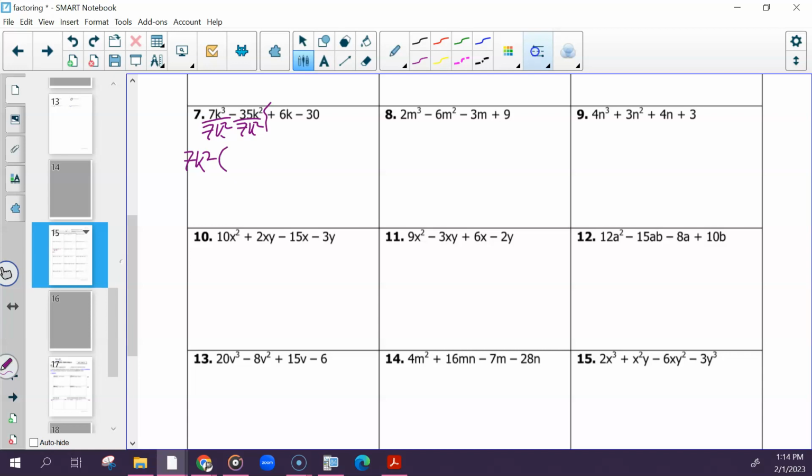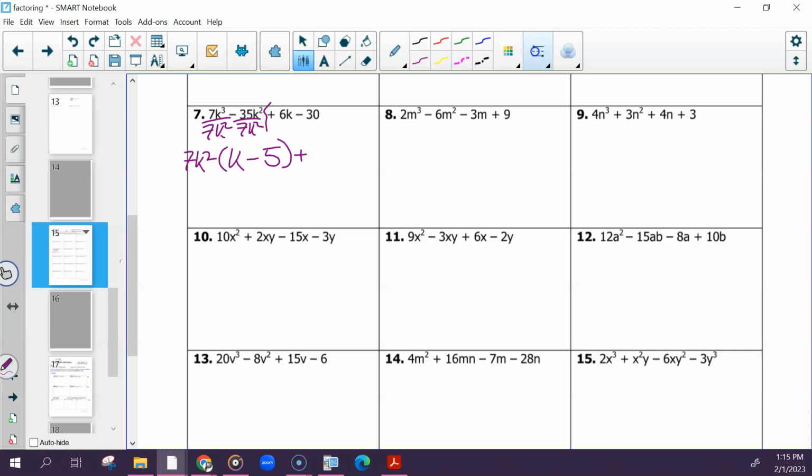You divide that by 7, K squared, what's left? Do the first one first. Okay, for sure. And then the next part. Minus 5. Bring down the plus.